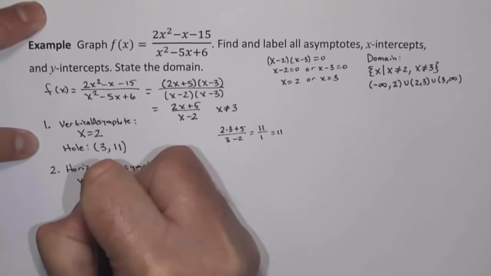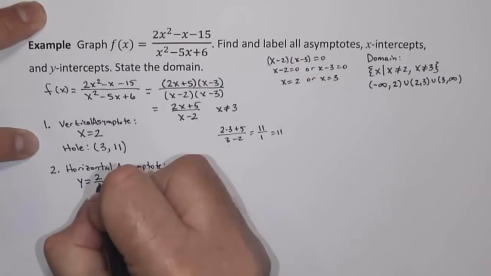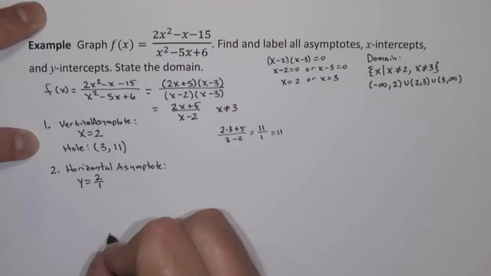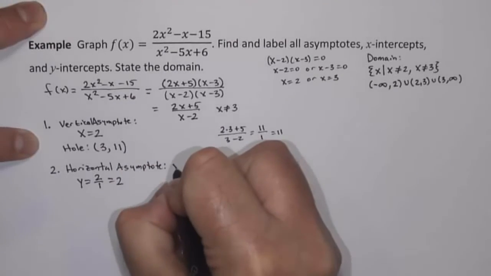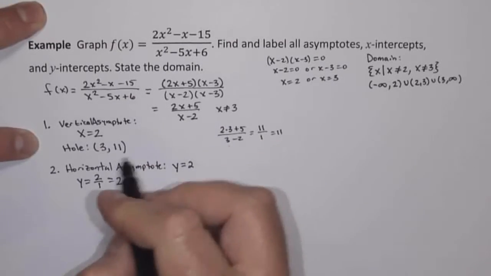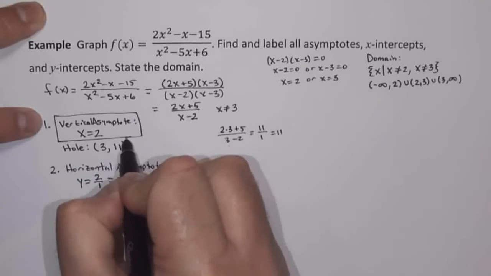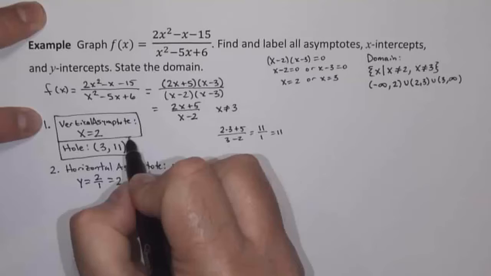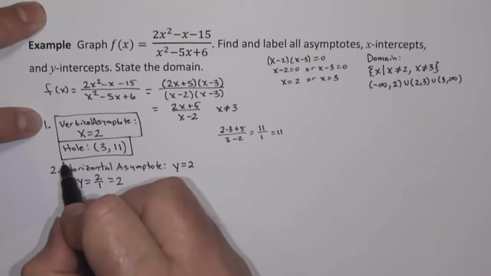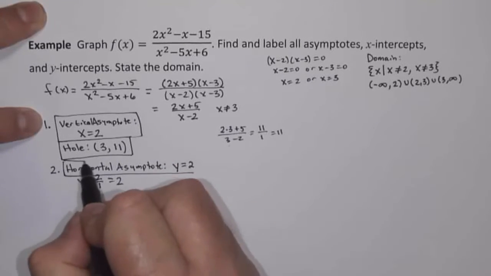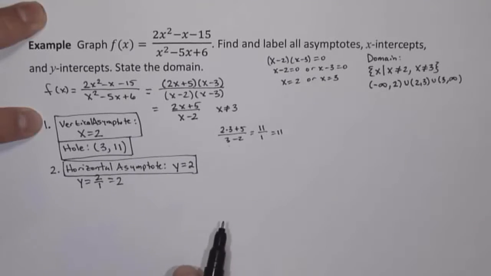So the leading coefficient of the numerator is 2, the leading coefficient of the denominator is understood to be 1, and so we get y equals 2. So we have a vertical asymptote of x equals 2, we have a hole at the point (3, 11), and we have a horizontal asymptote of y equals 2.